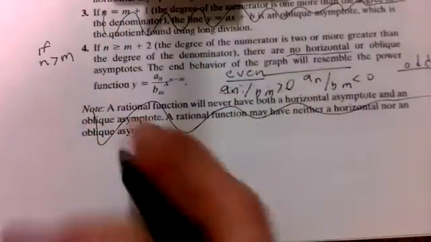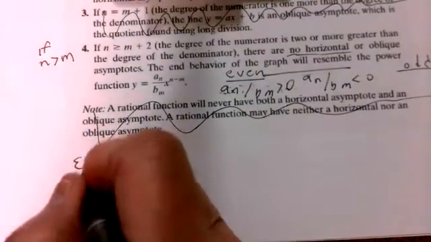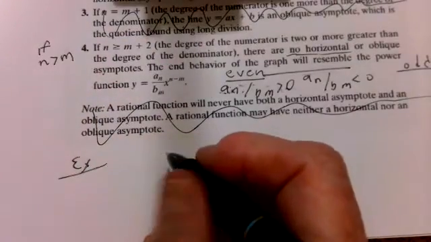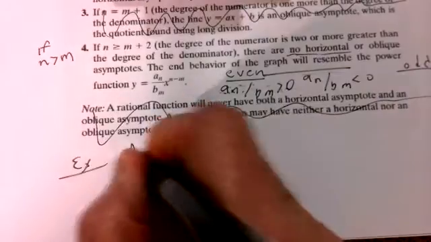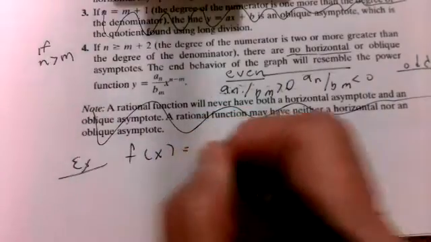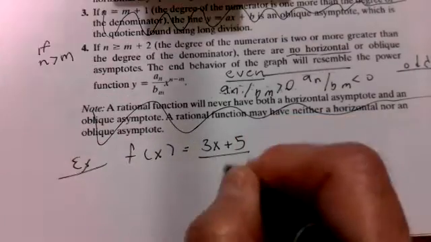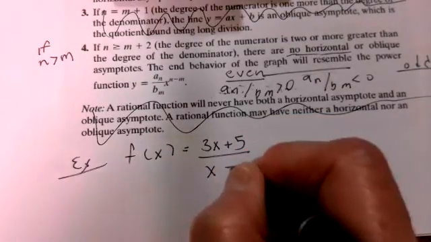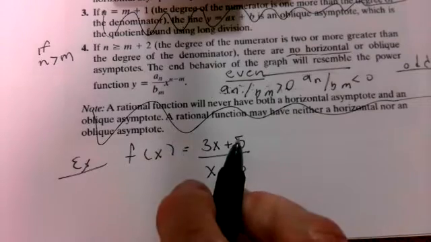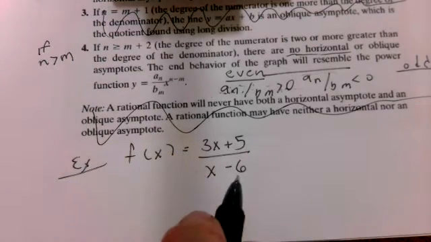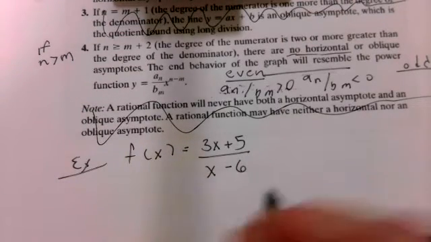Now, here's a little example. Let's say that f of x equals 3x plus 5 over x minus 6. And you want to have the numerator in standard form and the denominator in standard form.